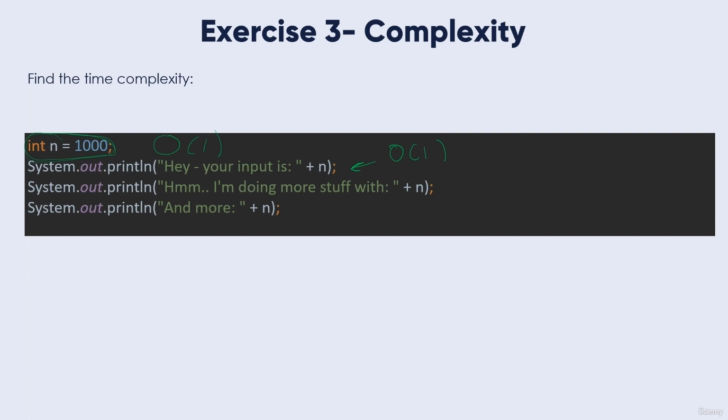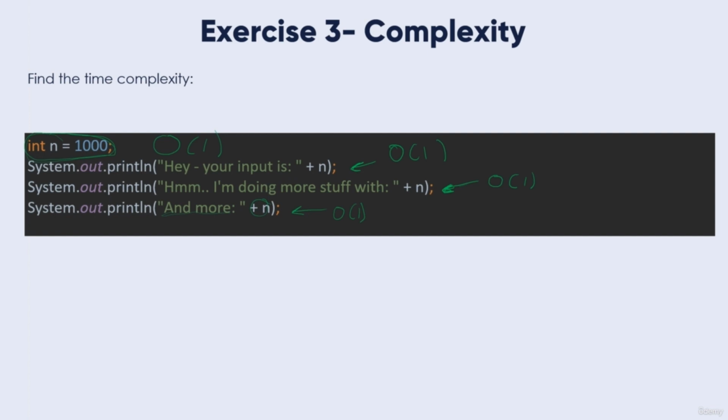System.out.print, I'm doing more stuff with plus, and we are again applying the same concept by printing n, which is O of 1. So printing, or initializing and declaring variables, are O of 1. System.out.print and more, printing n also, and printing this message will result in O of 1.